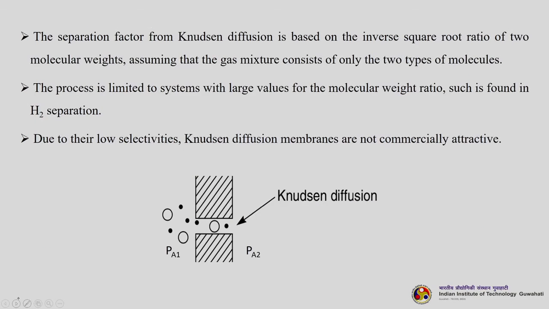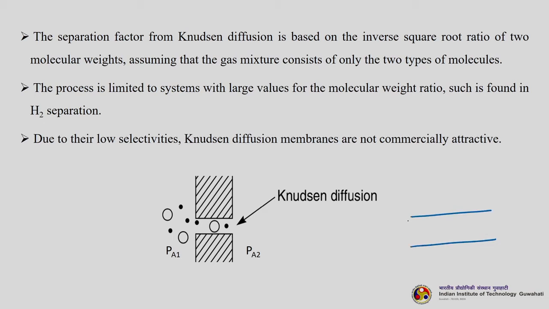So, the separation factor from Knudsen diffusion is based on the inverse square root of the molecular weights, assuming that the gas mixture consists of only 2 types of molecules. So, the process is limited to systems with large values for the molecular weight ratio, such as is found in hydrogen separation. Due to their low selectivities, Knudsen diffusion membranes are not commercially attractive. Okay.